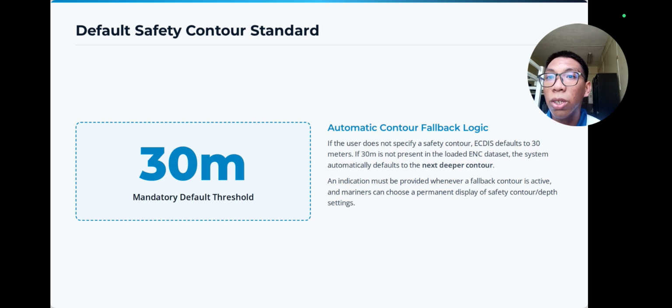If a user does not specify a safety contour, this defaults to 30 meters. If 30 meters is not present in the loaded ENC database set, the system automatically defaults to the next deeper contour. An indication must be provided whenever the fallback contour is active. The mariner can choose to permanently display a safety contour in settings.